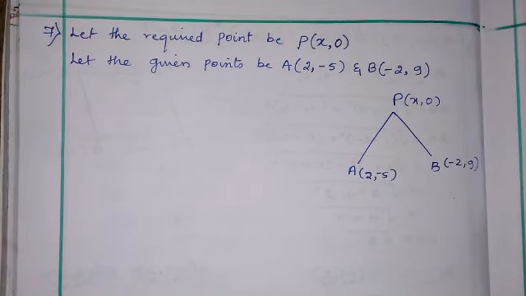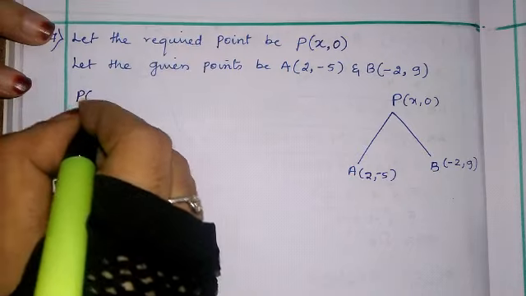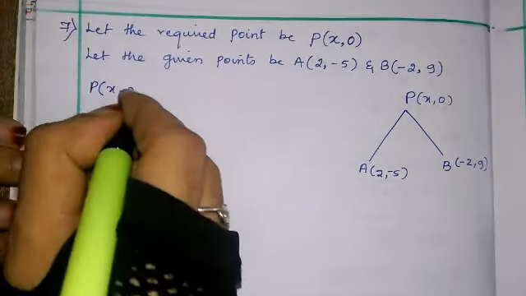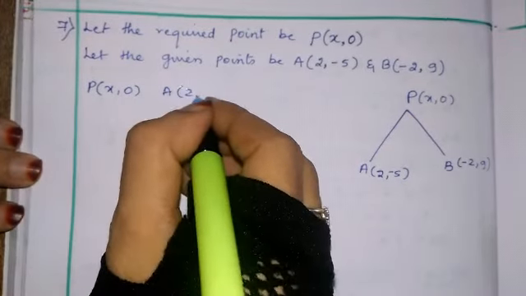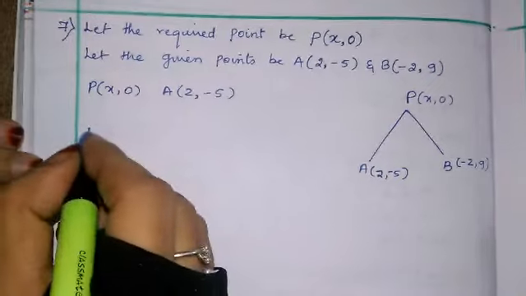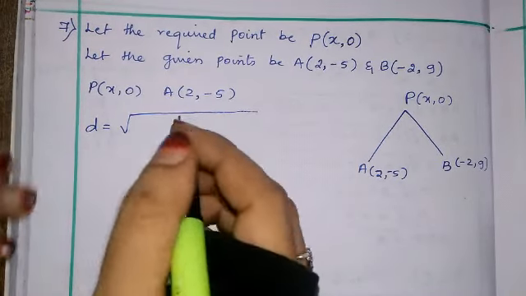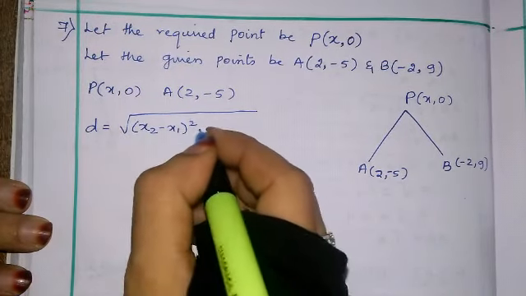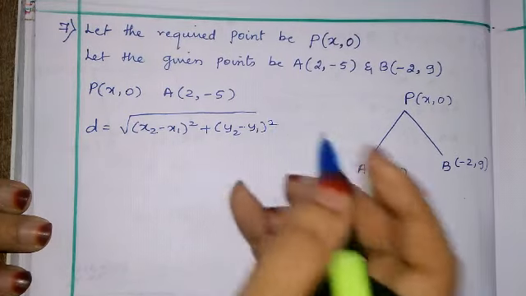Let us find first PA. By distance formula, D is equal to root of (x2 minus x1) whole square plus (y2 minus y1) whole square.